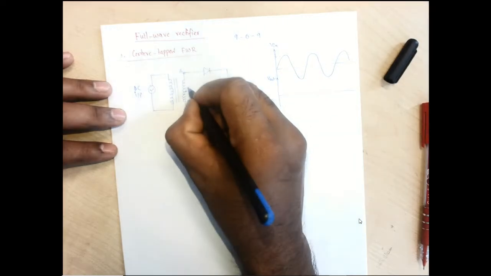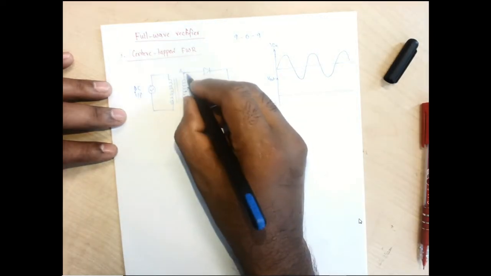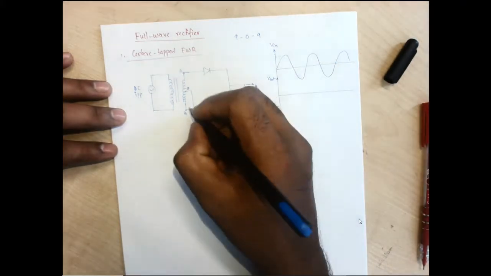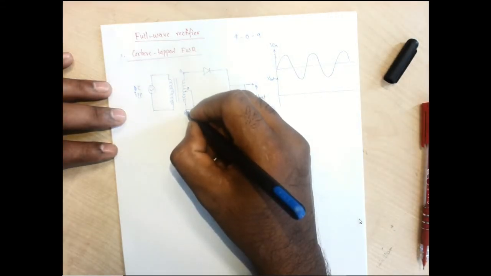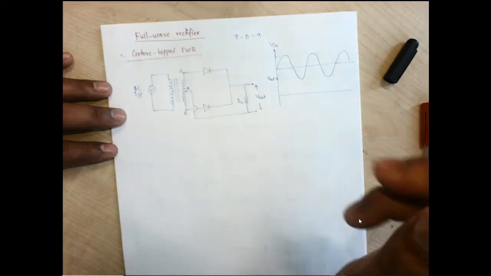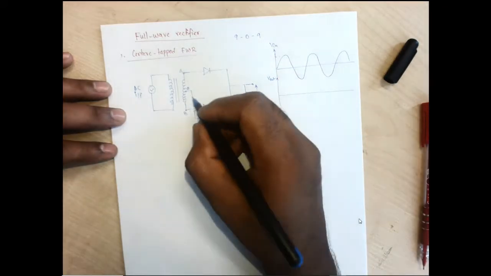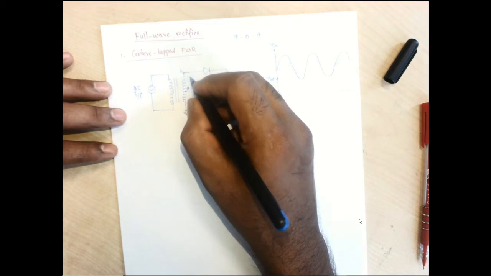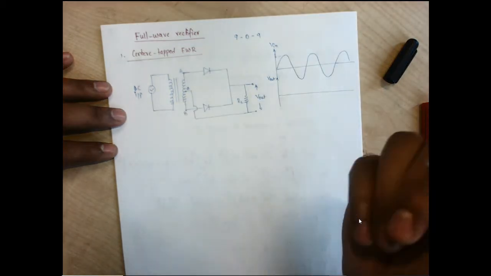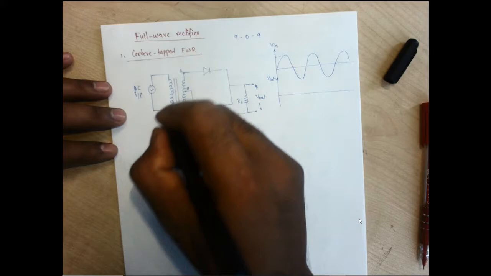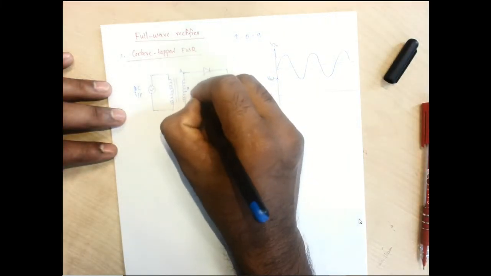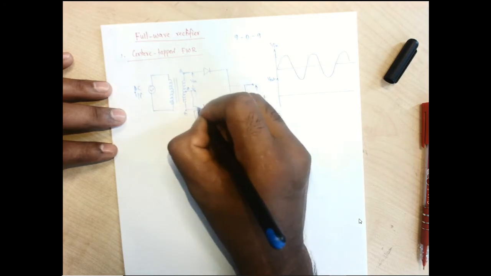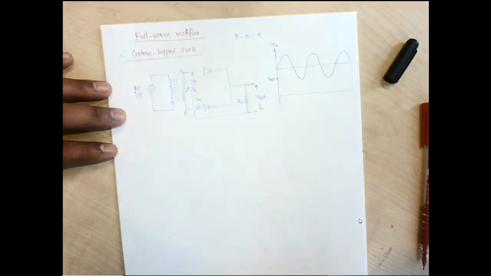If we measure the voltage from this center tap point to one terminal of the transformer, you are supposed to find 9 volt, and if you measure the voltage from the center point to the other terminal, you will also have 9 volt. So the peak value between the center tap point and either terminal is the same. If we consider from this center tap point, this voltage is somewhat Vm maximum, obviously the other terminal will have the same Vm.